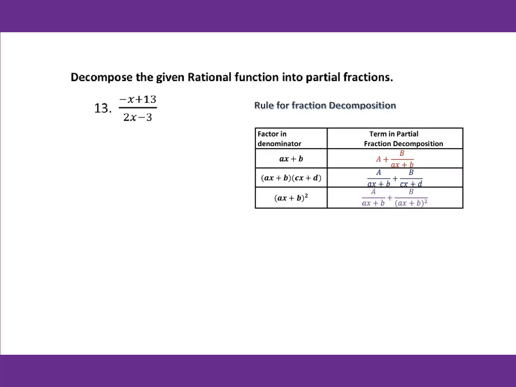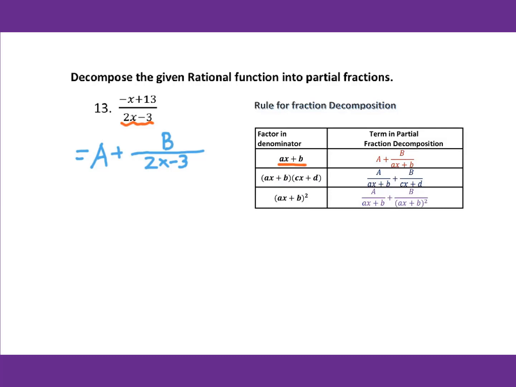For example, decompose the given rational function into partial fractions. Number 13. Focus on the denominator. We know 2x minus 3 is the format ax plus b. So we will write down A plus B over 2x minus 3.